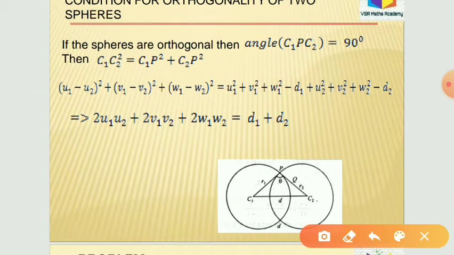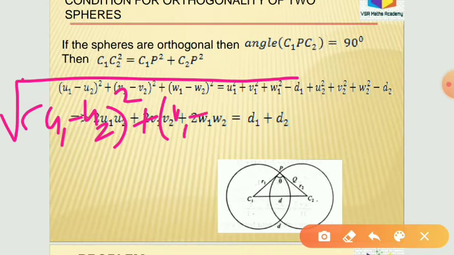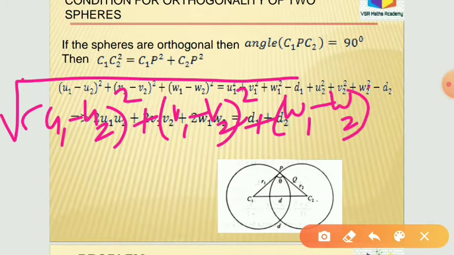Since C1 is the center of one sphere and C2 is the center of the other sphere, C1 is equal to (minus u1, minus v1, minus w1), and C2 is equal to (minus u2, minus v2, minus w2). Therefore the distance between C1 and C2 is root of (u1 minus u2) whole square plus (v1 minus v2) whole square plus (w1 minus w2) whole square.